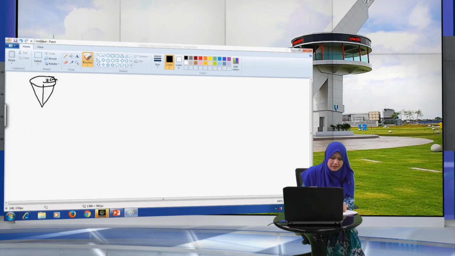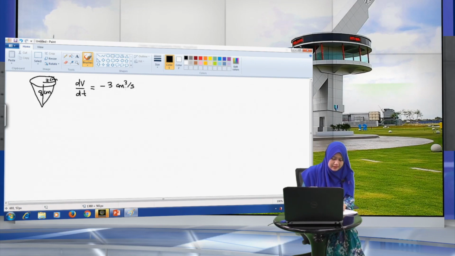So that means this is 8 cm. Another piece of information is the water is dripping out from the bottom of the cup at the rate of 3 cm cube per second. This is dV/dt equal to minus 3 centimeter cube per second.